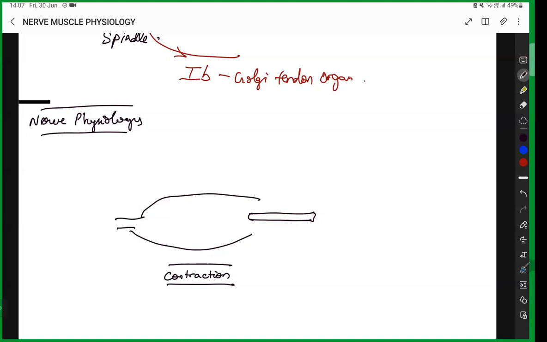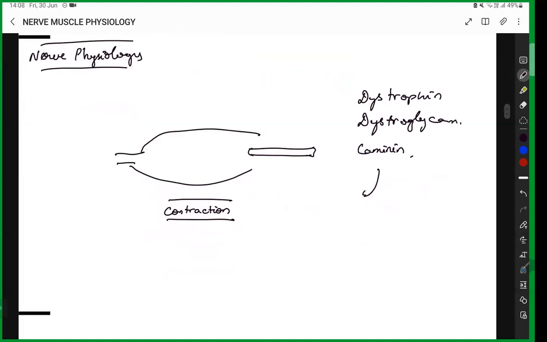Is it clear, guys? When there is some problem to this dystrophin, dystroglycan, and your laminin, this leads to some syndromes or dystrophies.